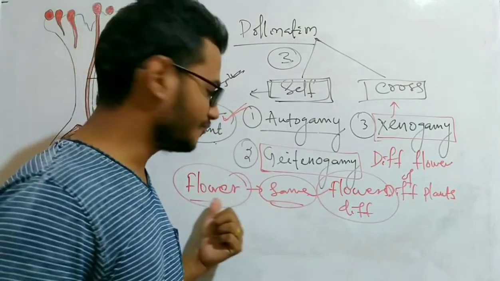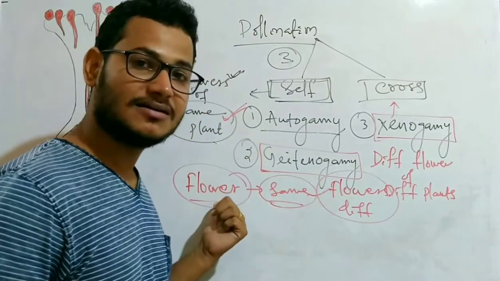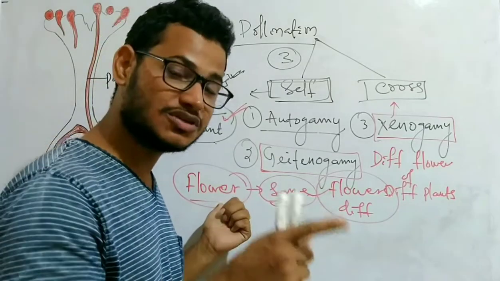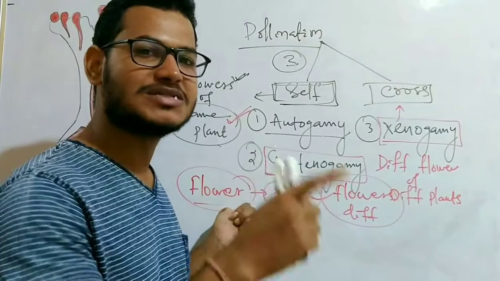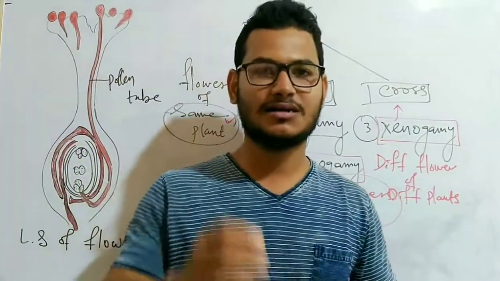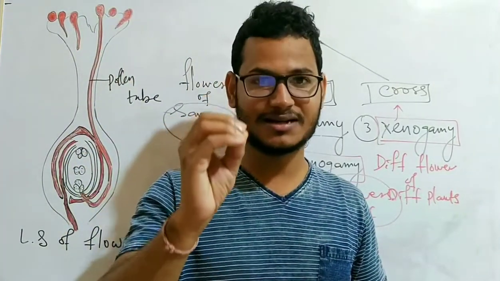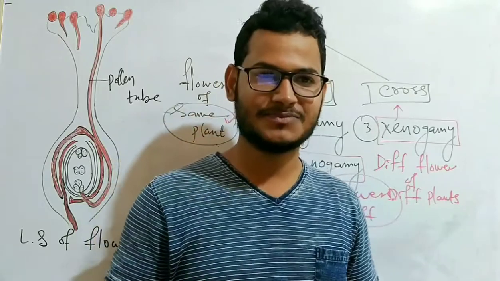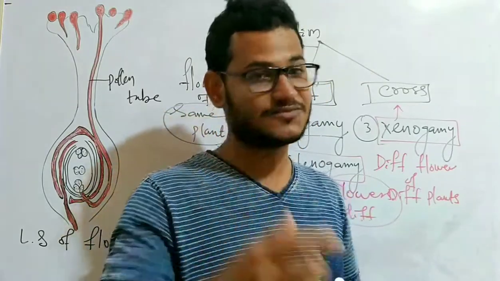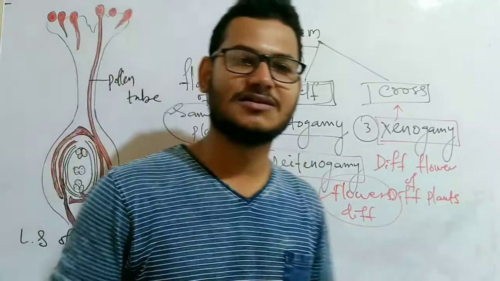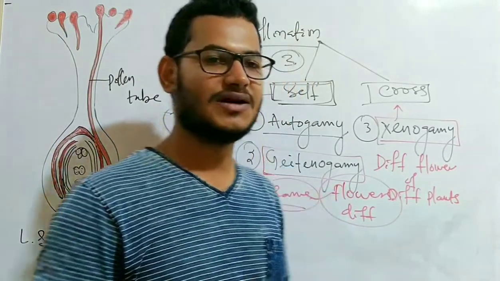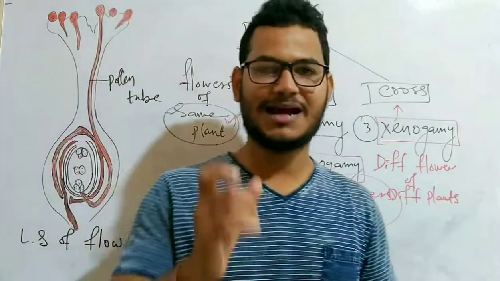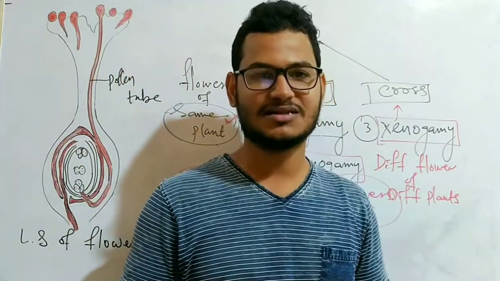So the flower should mature the anther and stigma at the same time, meaning the embryo sac and the anther, the pollen grain, should mature at the same time. That is the reason why successful autogamy is possible. This type of pollination is found in plants like viola and oxalis.